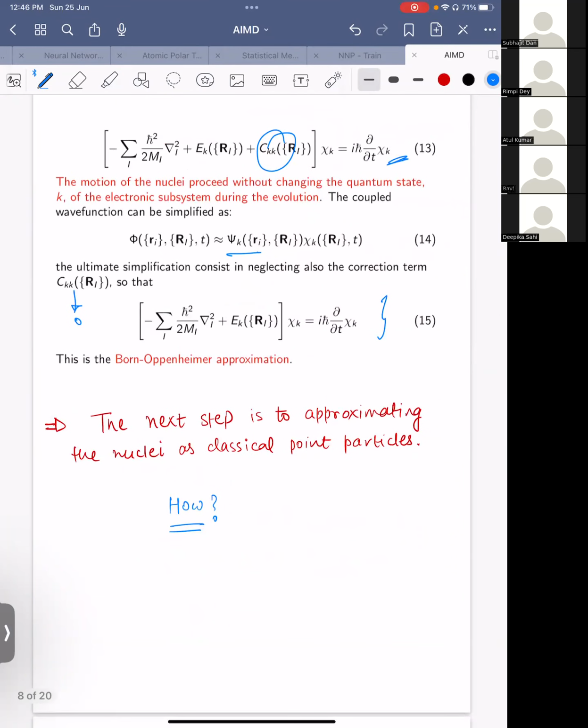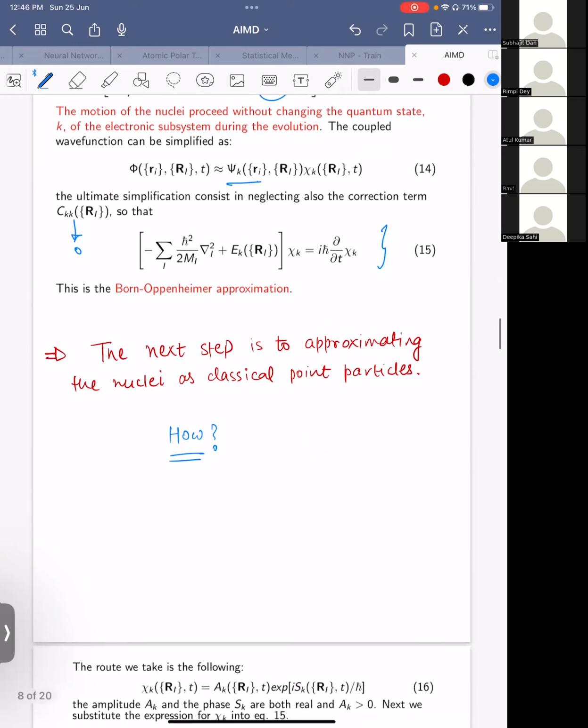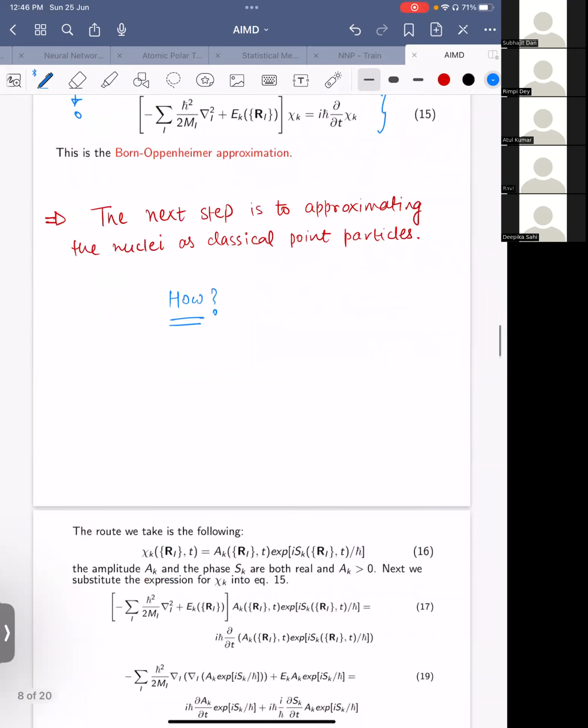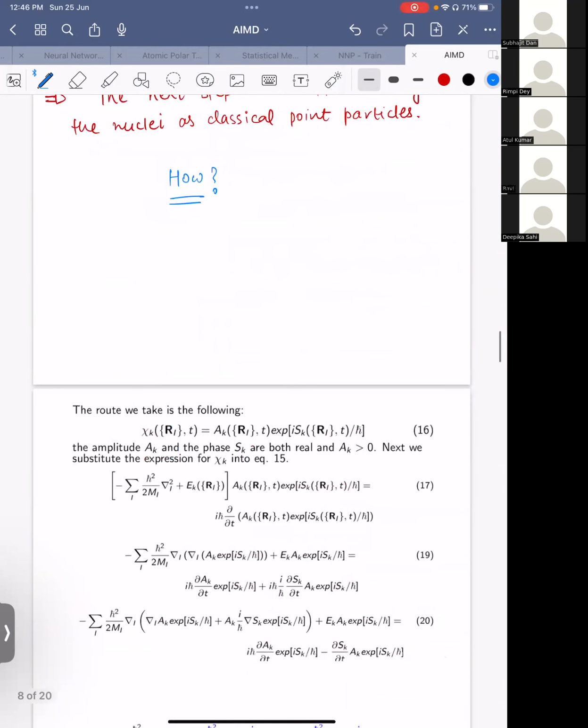Our goal is to approximate the nucleus as a classical point particle, so we can get Newton's equation of motion and simulate our system. How will we do it? I will be using the very famous semi-classical approximation. In the semi-classical approximation, we rewrite our nuclear wave function as the product of an amplitude and a phase factor.